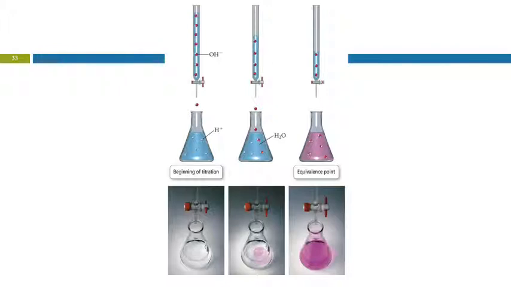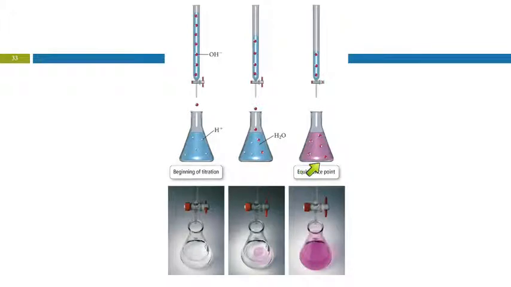Here we have an illustration and actual pictures. Now, we've done titrations in here already, so this should be familiar. Here we've got sodium hydroxide, well, I'm assuming it's that, hydroxide in the burette and an acid in the flask. And as we add the hydroxide, it neutralizes the acid.